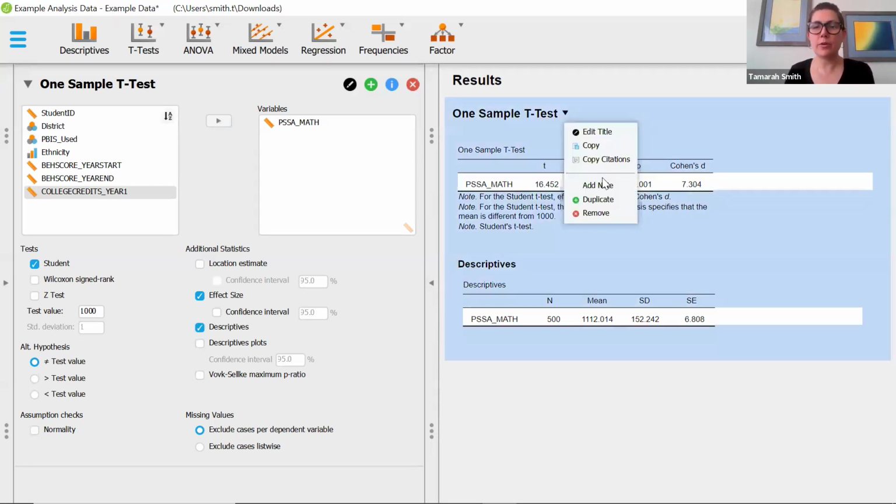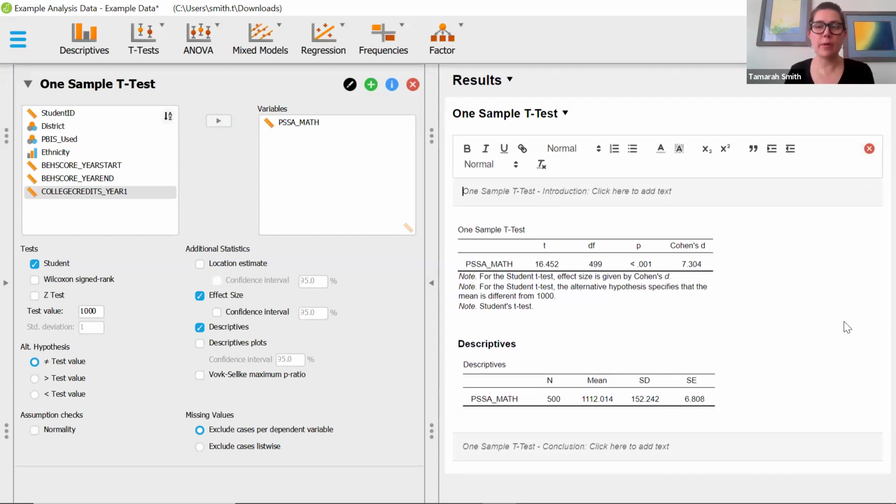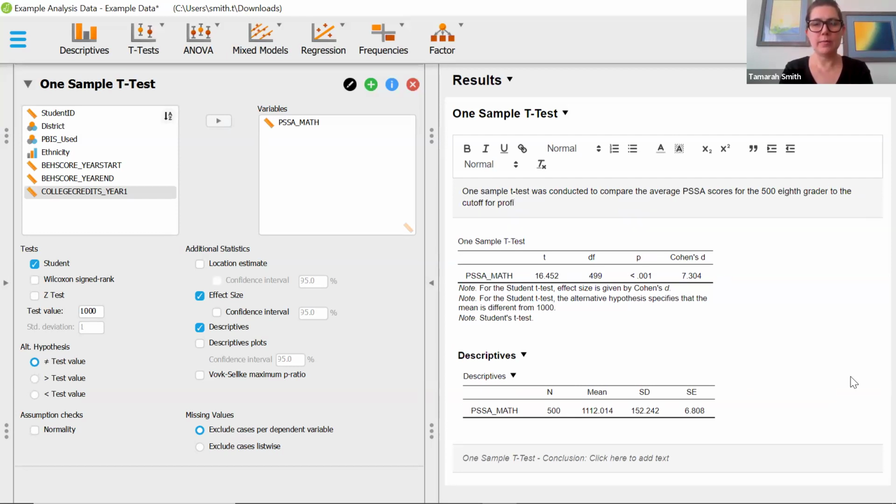So what might that look like if we wrote it up? I'm going to be very brief here. Always consult with the person in charge about how they would like to have things written up. But I'll say a one sample t-test was conducted to compare the average PSSA score for the 500 8th graders to the cutoff for proficiency of 1,000.